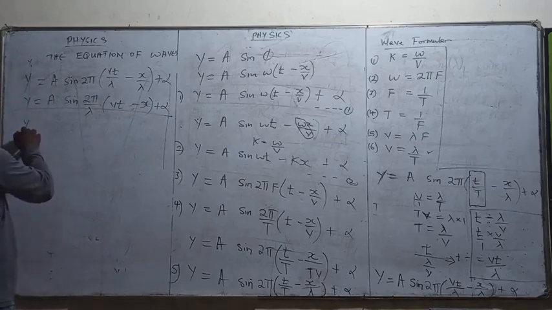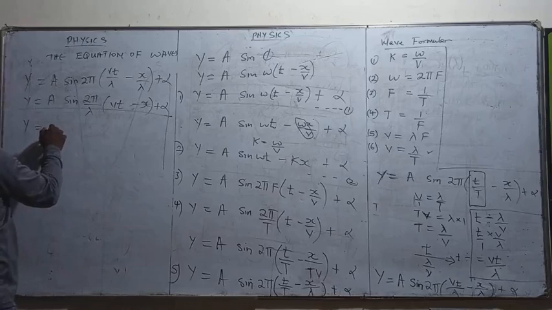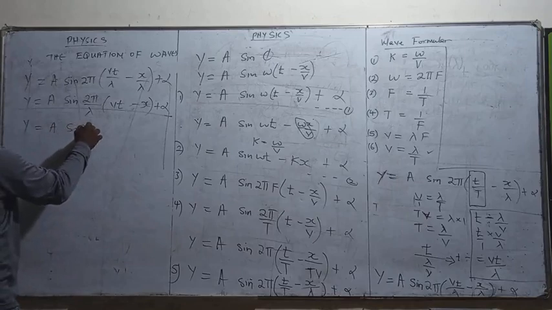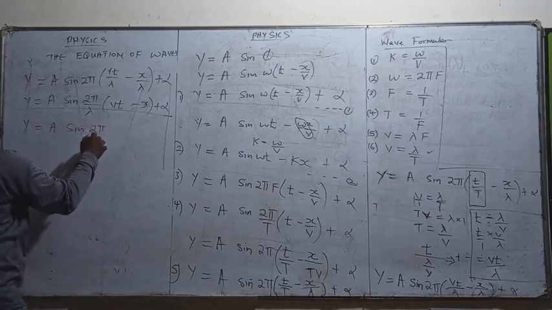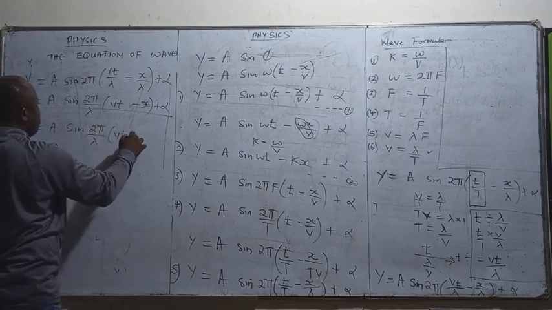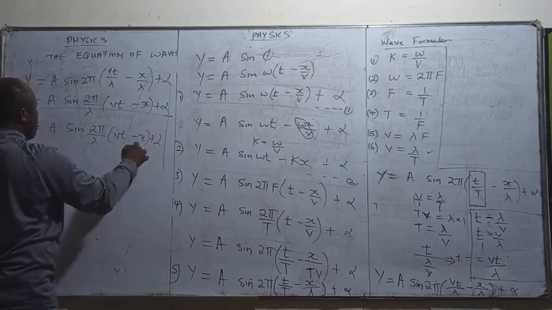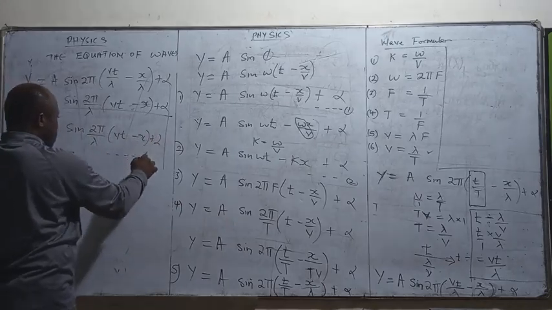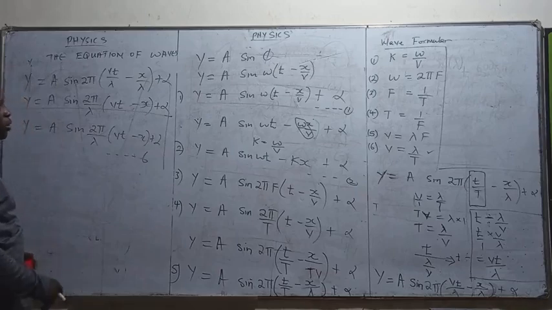So we are going to write that y is equal to A sine 2 pi over lambda bracket vt minus x plus alpha. So that's our equation 6. Right, equation 6. So that is that.